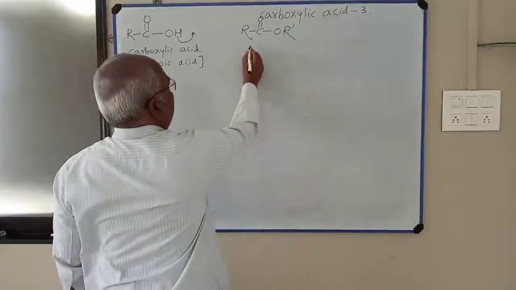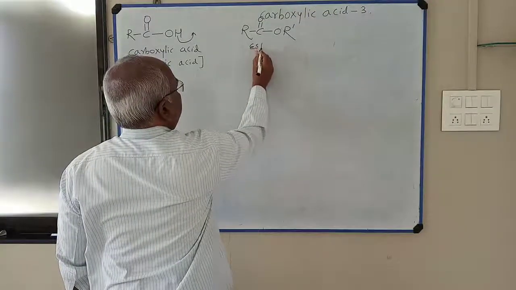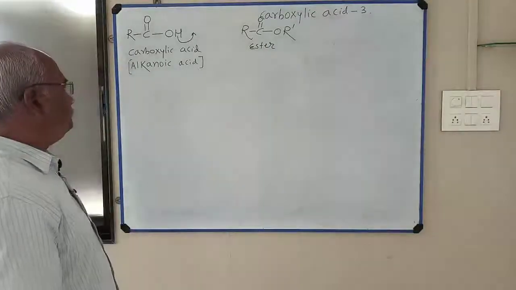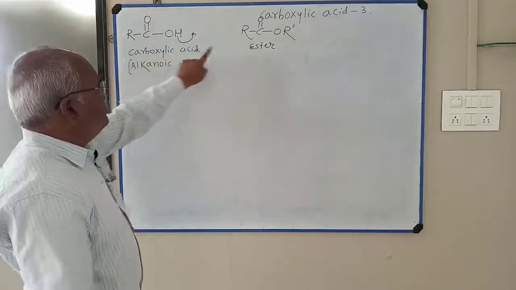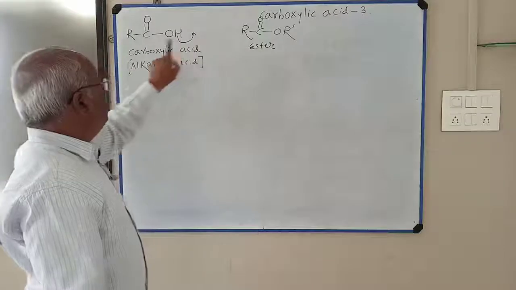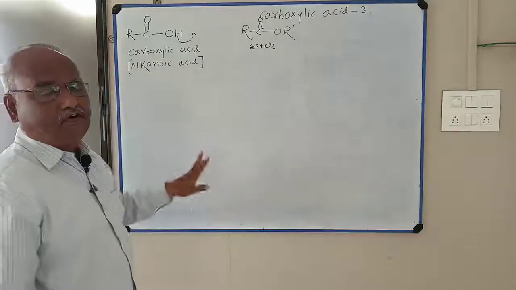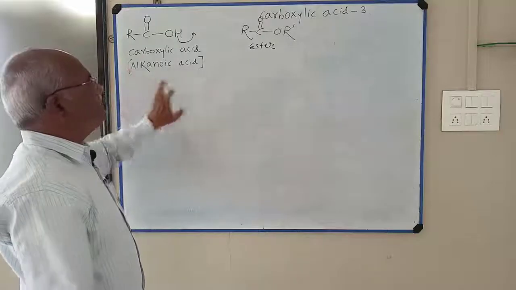So this compound is called ester. This ester is a derivative of carboxylic acid or alkanoic acid.